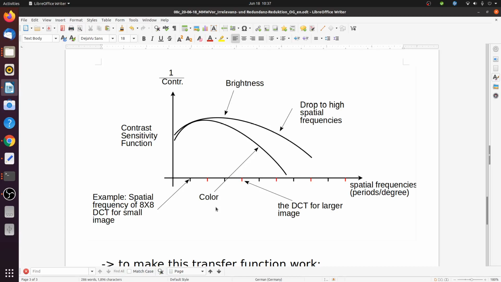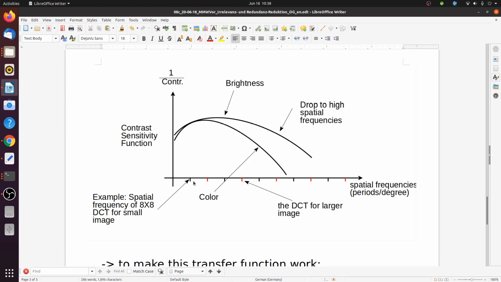Remember, here we have periods per degree, and that means this degree depends on the viewing distance and the resolution of our screen. And that means we need to have an assumption of the viewing circumstances, meaning the resolution of the screen and the viewing distance. And then we can do a mapping between the DCT subbands to this spatial frequency axis, the periods per degree.